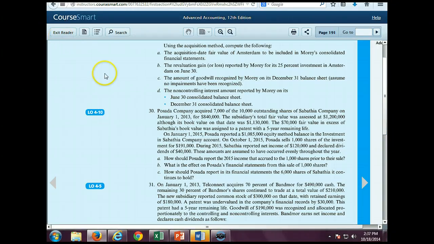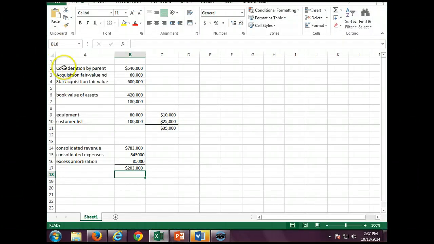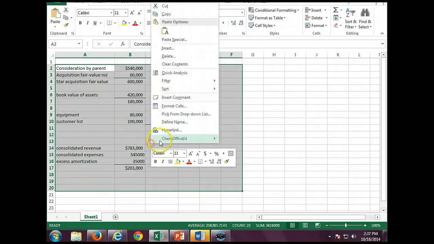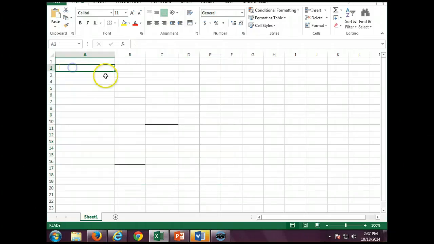Okay, so let's just stop right now and kind of go through our equations here. Let's just go through these equations real quick.